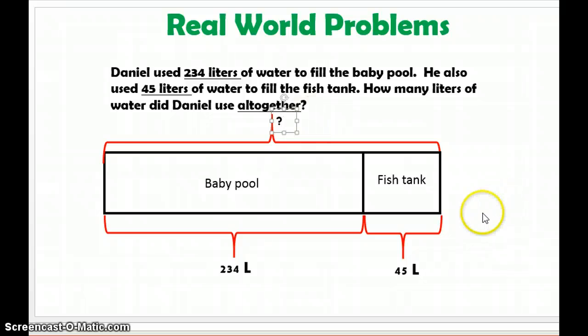I am now finished labeling my bar model. I have my parts labeled with words, with numbers, and then I have my question mark as well. The next thing I need to do is solve my problem. So I need to show my work.